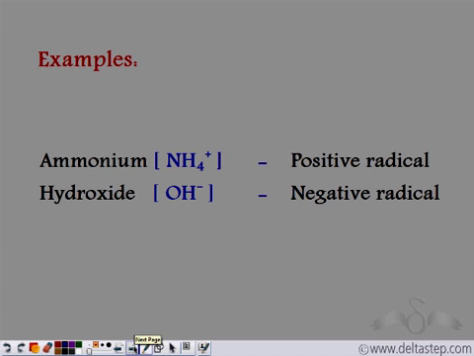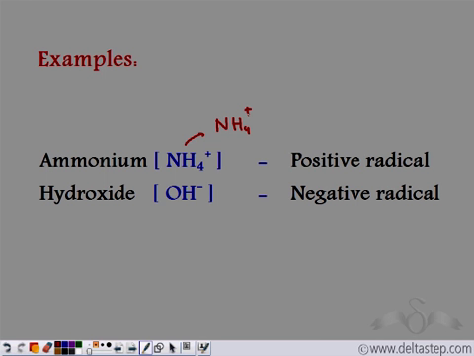So let's see some radicals. The ammonium radical is NH4+, and the hydroxide radical is OH-. Now this plus charge is for the overall radical. So this is NH4, and this plus charge is for both nitrogen and hydrogen. This is how it is represented. How do we get this positive charge here?